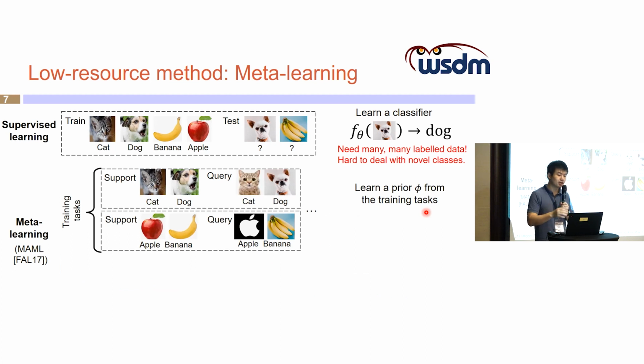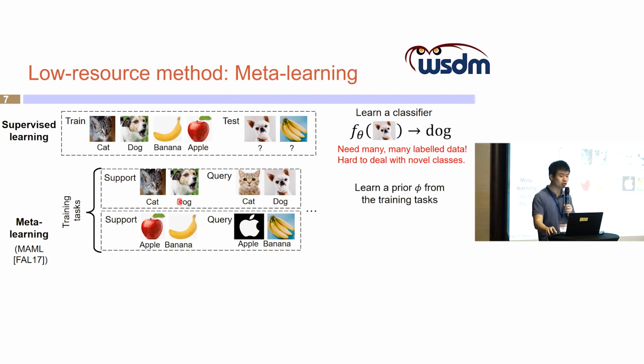There are different lines of meta-learning, but here we're just going to focus on this particular work called MAML. In this work, in the training data, it's no longer individual instances. Instead, each training instance is a task. You can see each box here is one training instance, and we call it a training task.